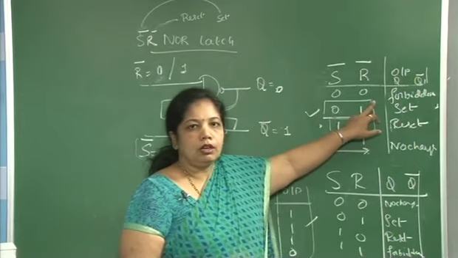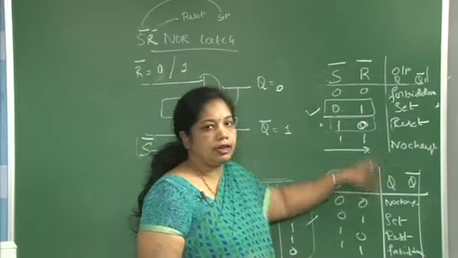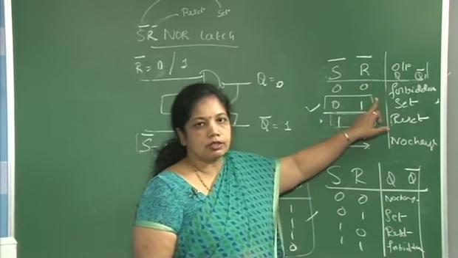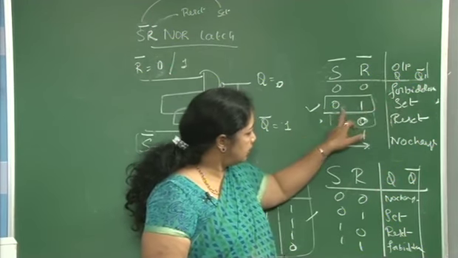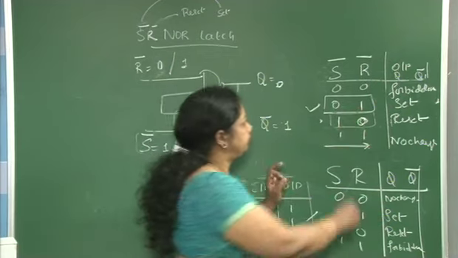If you observe both truth tables of the SR and S complement R complement latch, you can see the reverse, it is just complemented. Wherever you see the set condition 0 and 1, it is the reset condition over here.